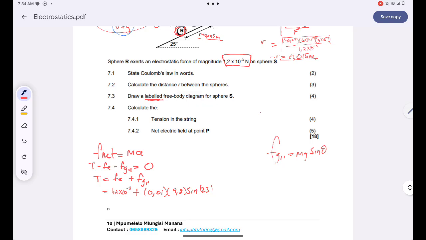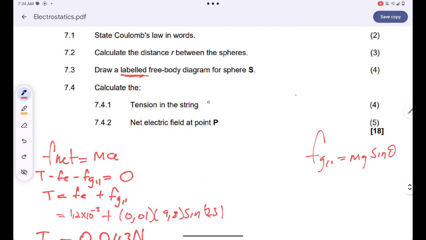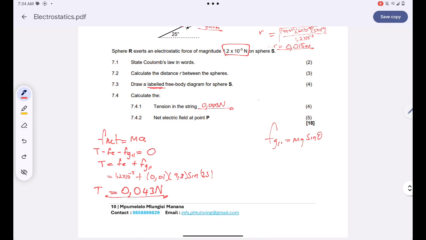So the tension on the string is just 0.04426. Let me say 0.043 newtons. So the tension on the string is basically 0.043 newtons. Are you together?